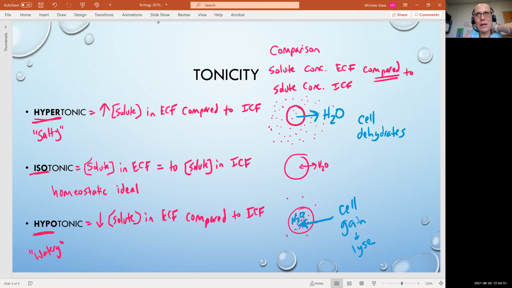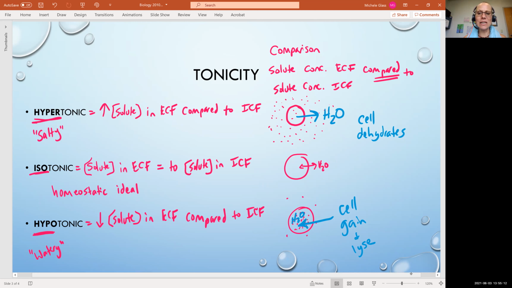And it's not going to break open every time. It can gain a certain amount of water without breaking apart. But ultimately, if it keeps gaining water, it can break apart. And just like you would have a problem if you ruptured, right? If your cells are all rupturing, clearly that's bad news for the body.